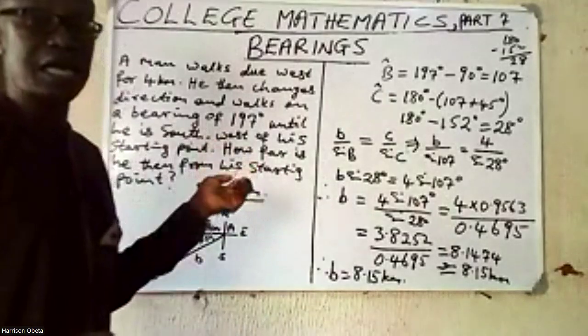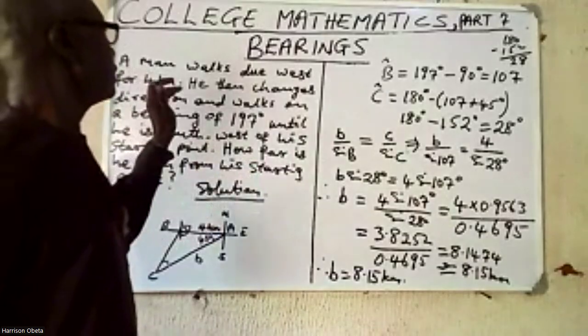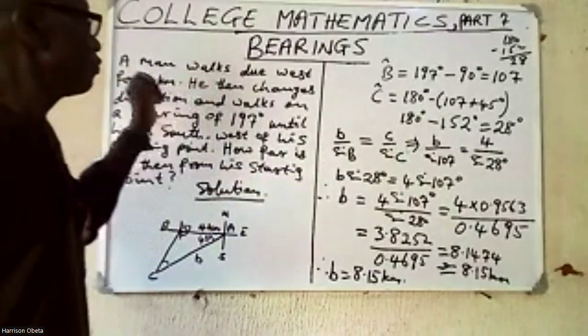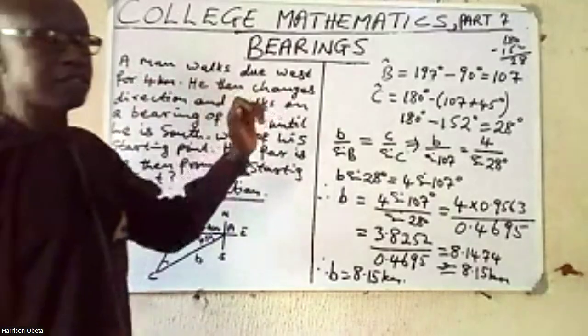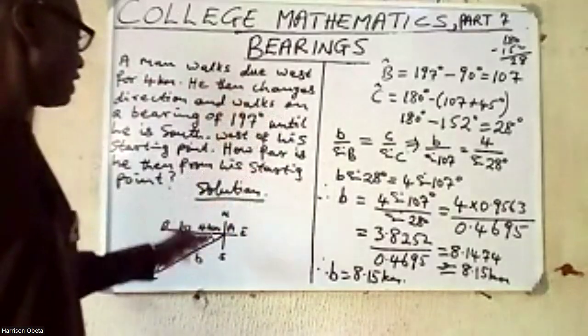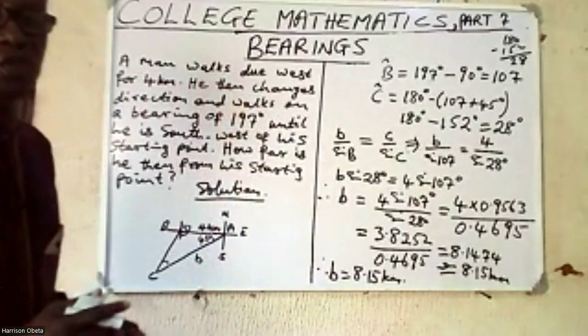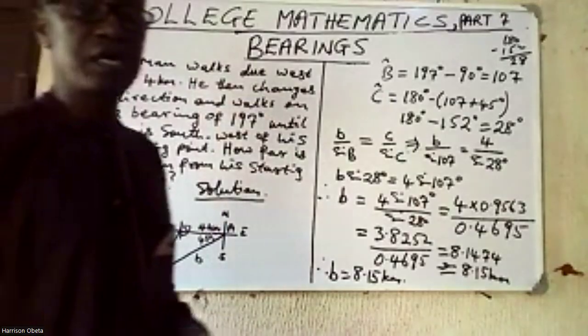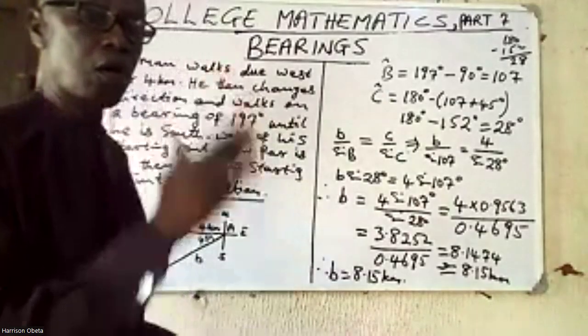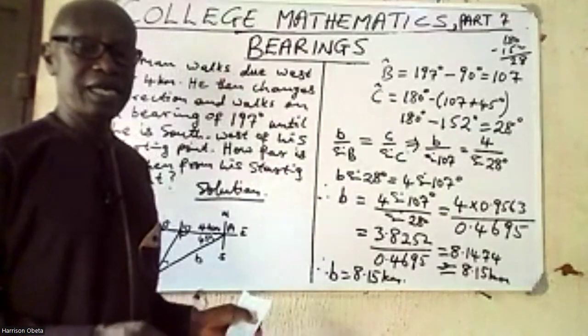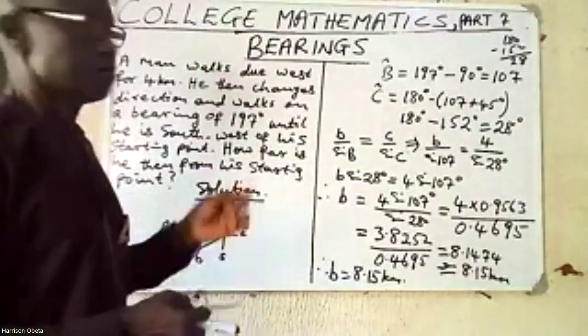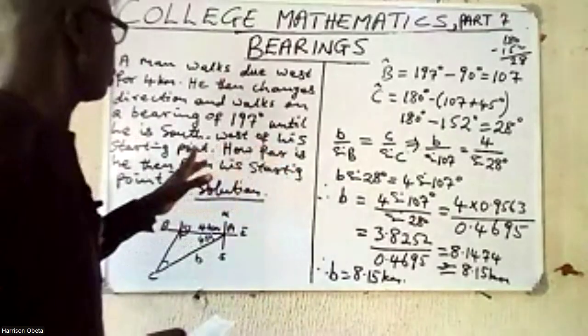When you have a question like this, you follow it sentence by sentence, and then indicate it in the diagram. The first thing whenever you are solving a bearing question is to draw the cardinal points, and then you start solving by following the instruction.